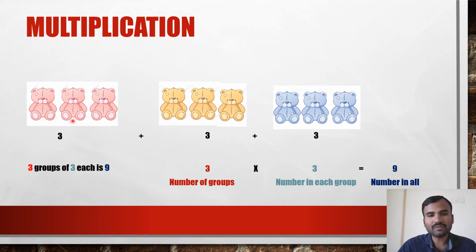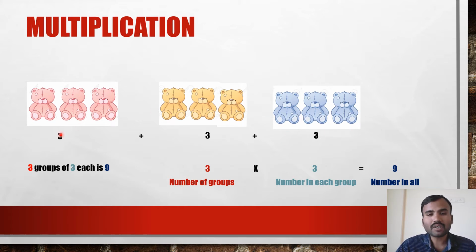Here we have light pink teddies, brown teddies, and sky blue teddies, right? If you count, in each group we have three teddies. In the first group three, in the second group three, and in the third group three teddies, right?